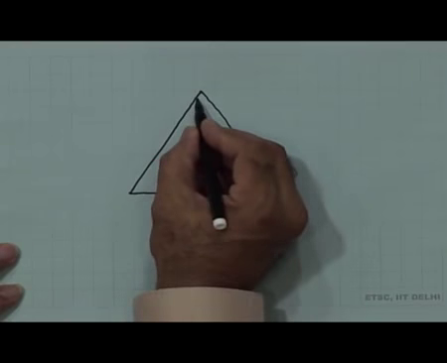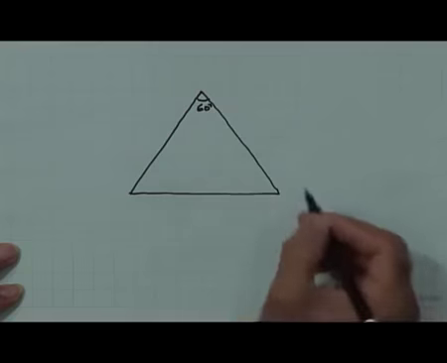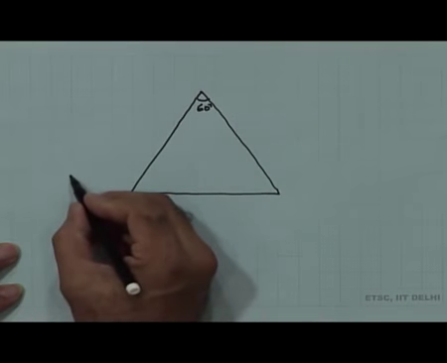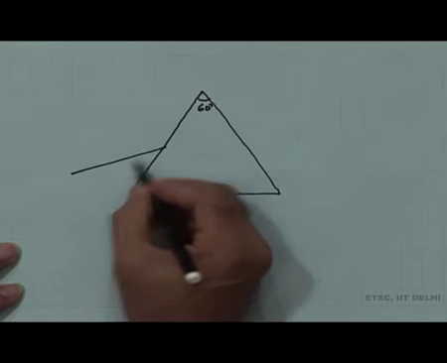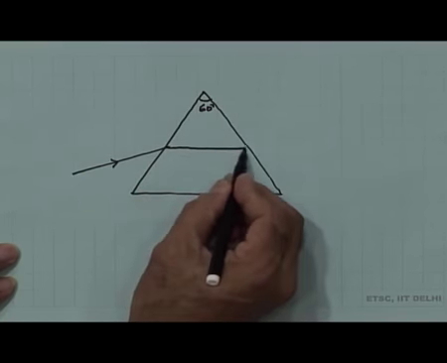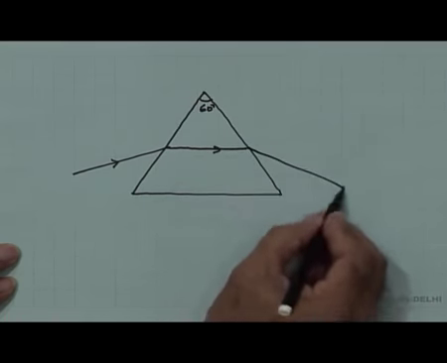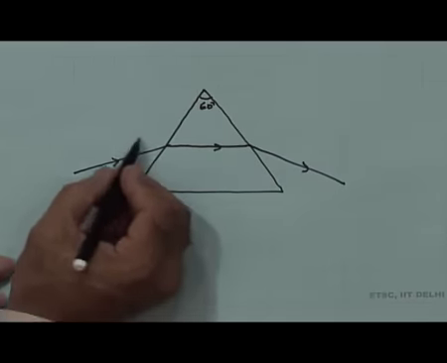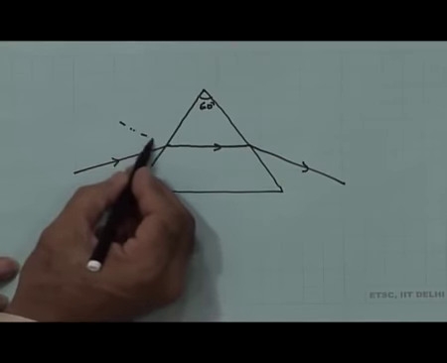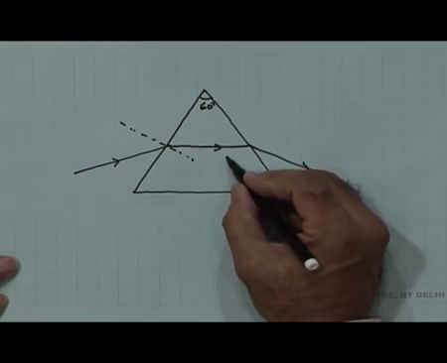Since it is equilateral, the information given is that angle A is 60 degrees. There is a ray of light which is incident here and it refracts and emerges out from the other side. This is the normal here and the normal here.